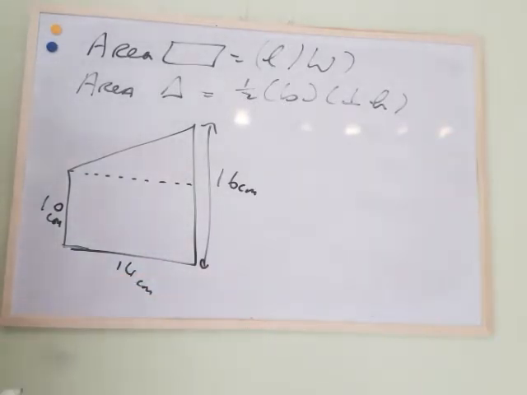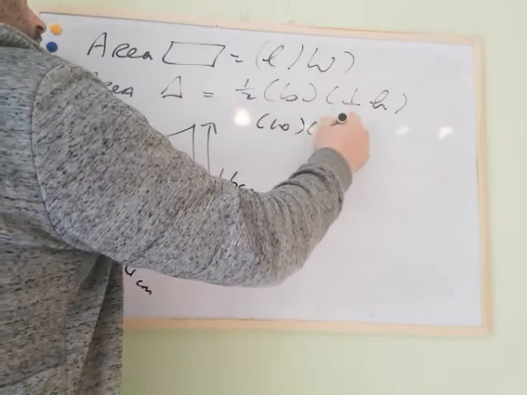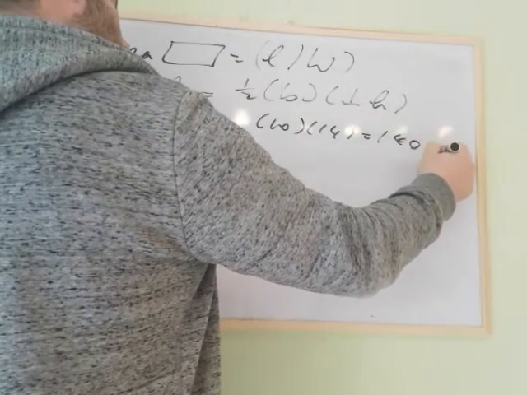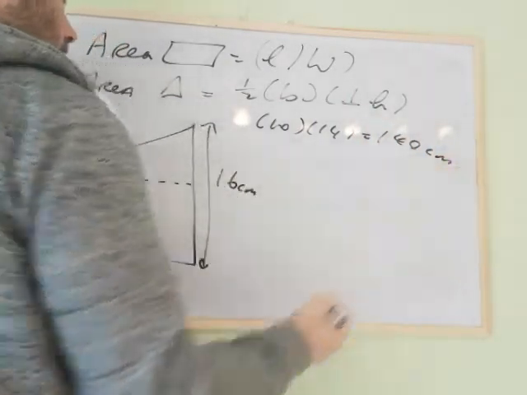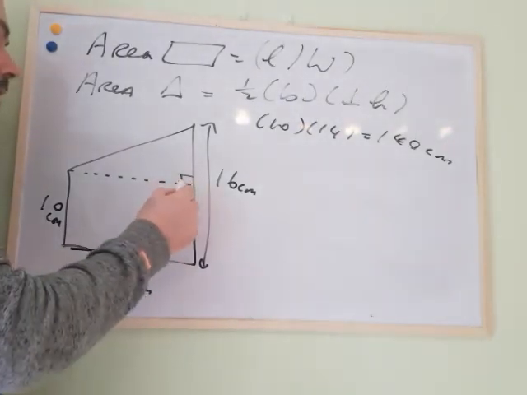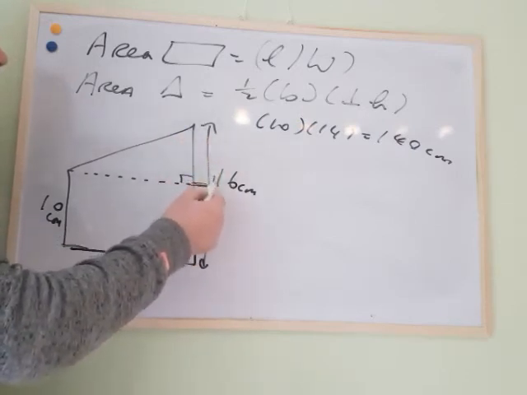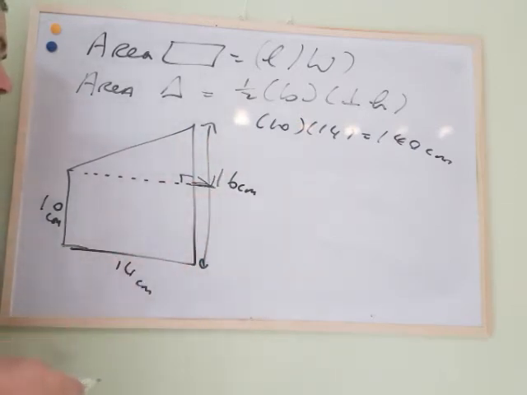Okay? Well, folks, we have a triangle and we have a rectangle. Okay? This rectangle here we can get the area of instantly, 10 by 14, 140 centimeters. Okay? Now if we look at this triangle here, well, it's a right angle triangle. So that means the distance from here to the top is the perpendicular height of the triangle.